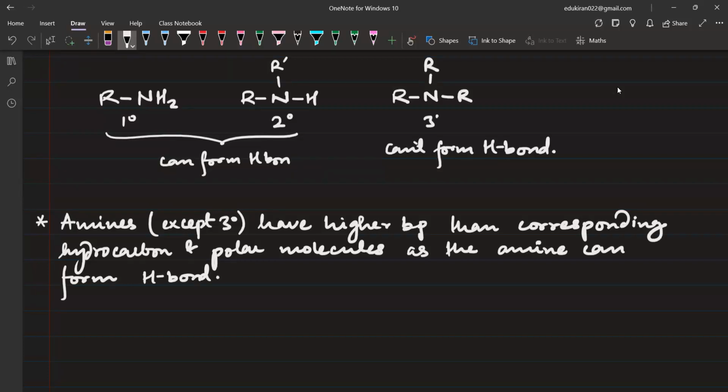Okay, so this whole sentence is for 1 degree and 2 degree only. For 3 degree there is no such sentence.